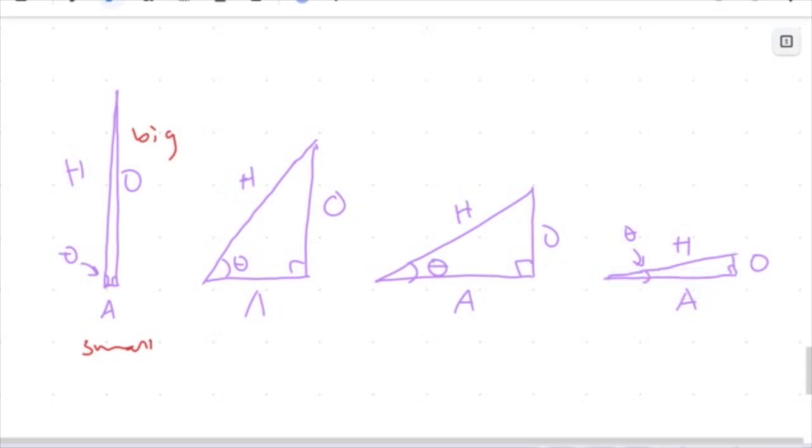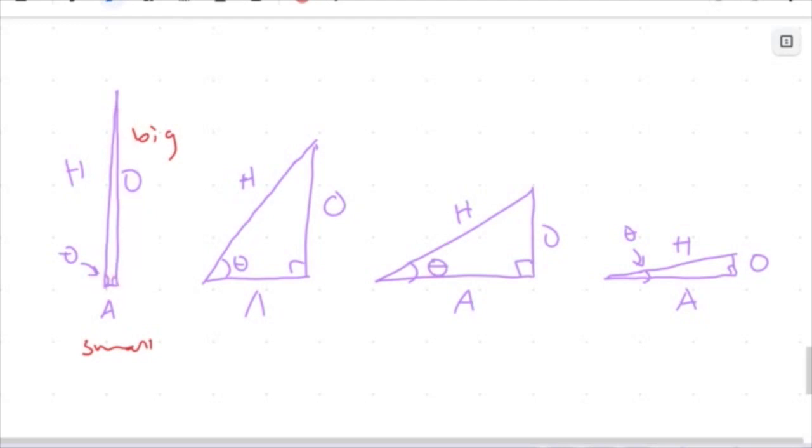Now, I'm not talking about big in terms of length here. It's the length relative to the other. It's the interplay between the opposite and the adjacent. Here, the adjacent is really big relative to how small the opposite is. Here, my opposite is really big relative to how small the adjacent is.